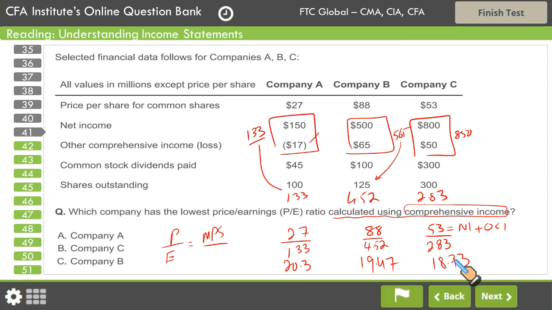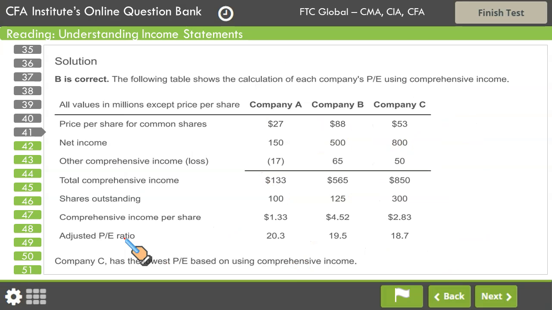So which firm has the lowest price earning ratio? The lowest one is C, and C is in B. That makes B the correct option. Right?